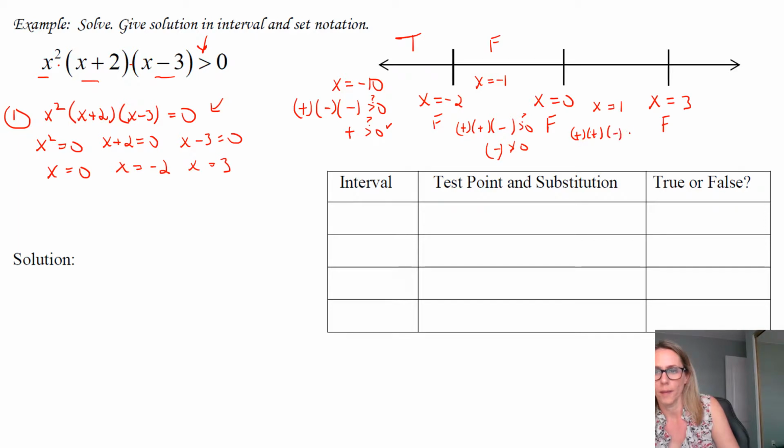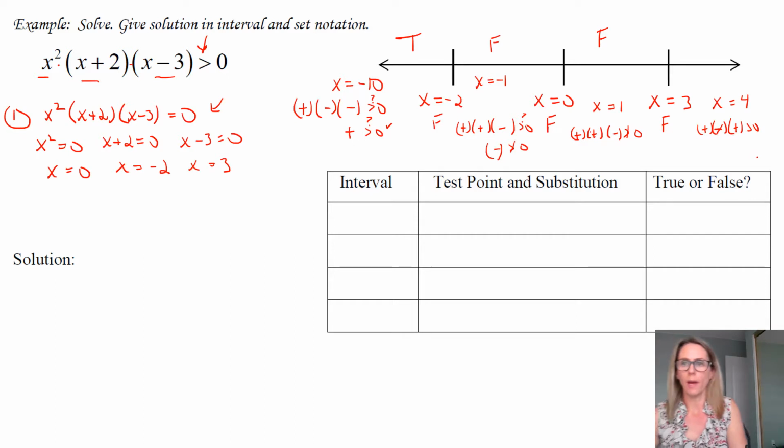And that is not greater than 0. We already just saw that, so that's another false. And then we pick something greater than 3, like 4. And when we plug that in, we get positive times a positive times a positive, and that will be greater than 0. So because of that, we can then say yes, and now we have another interval that is true.